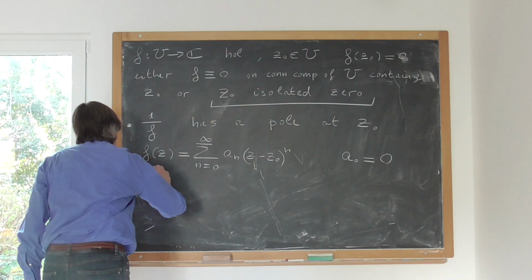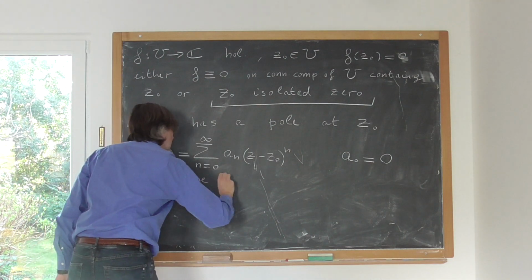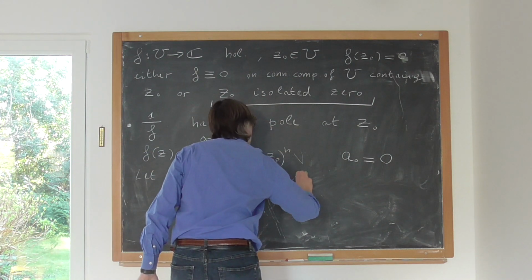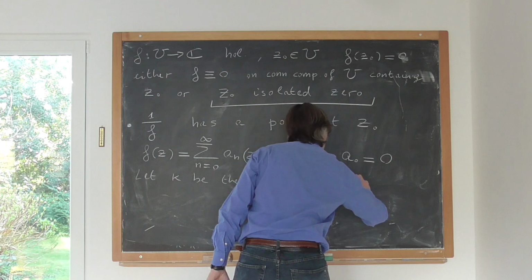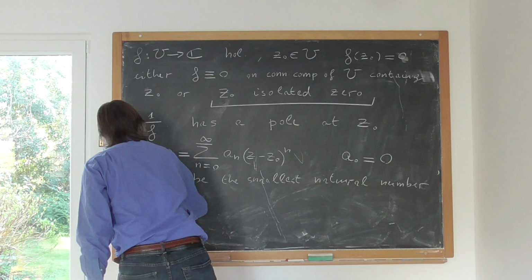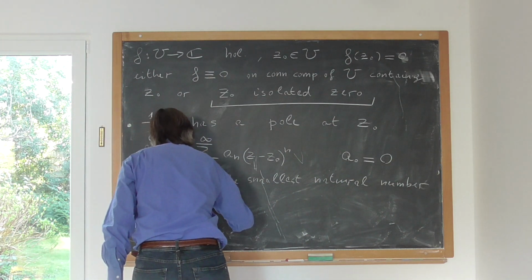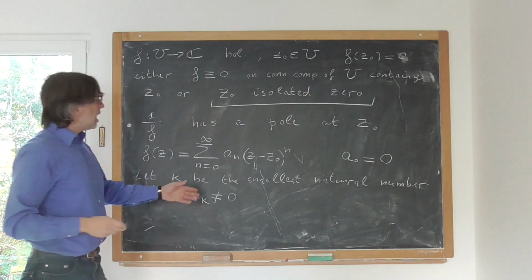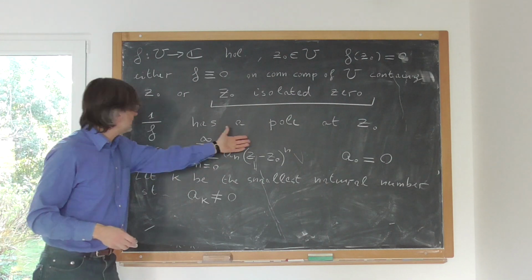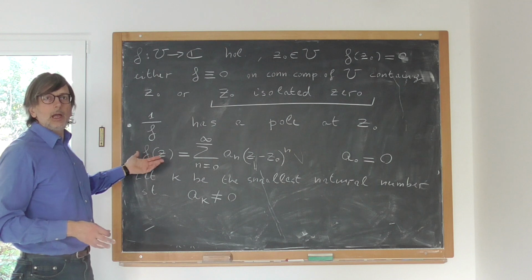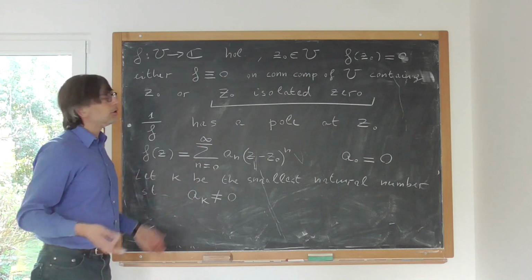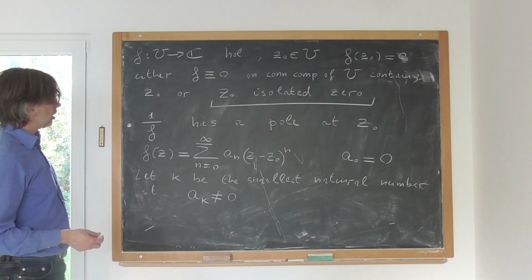Then let k be the smallest natural number such that a k is non-zero. So some of these coefficients have to be non-zero, because otherwise, if they're all 0, then the function f will be identically 0 in a neighborhood of z naught, therefore on the connected component containing z naught.